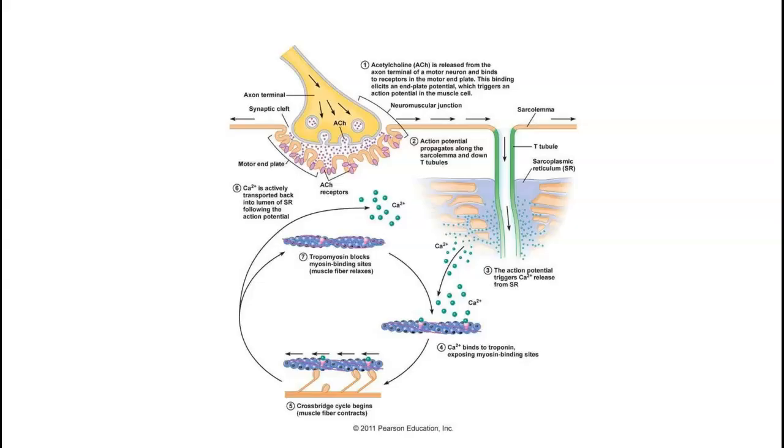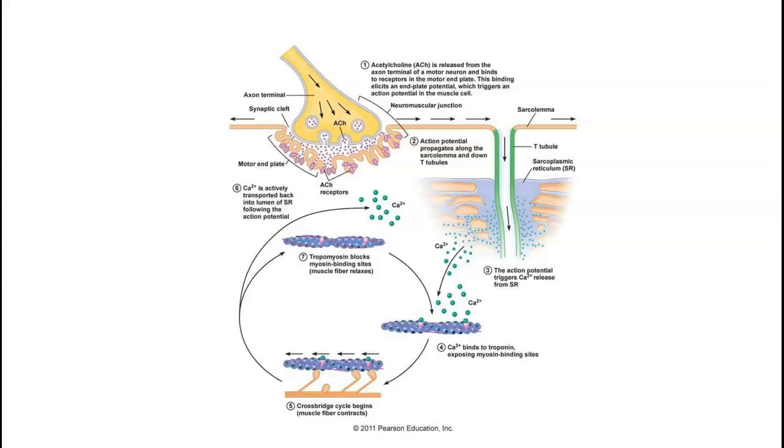Acetylcholine is going to be excitatory on skeletal muscle. Acetylcholine is released, and then it's going to go across the synaptic cleft and then bind to receptors on the muscle cell. Now, where that synaptic knob meets the muscle cell, we call that the neuromuscular junction.